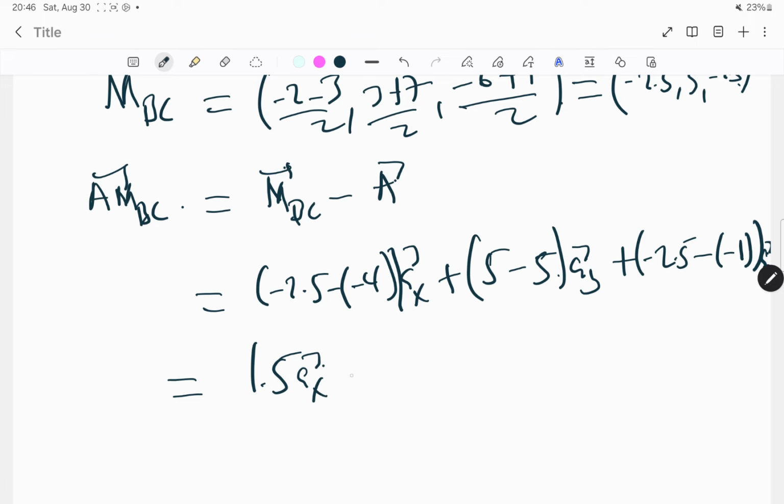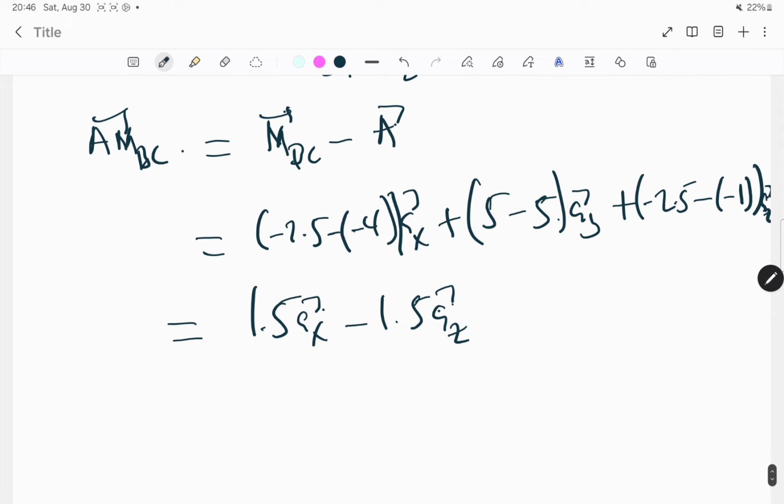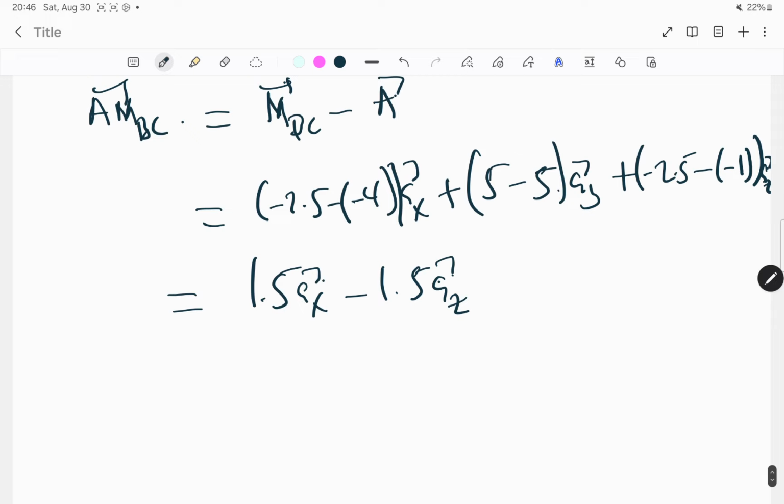Here will be 0. Here will be minus 2.5 plus 1, so you get minus 1.5. Easy. So now that we want to find the distance, we'll take the magnitude of this.